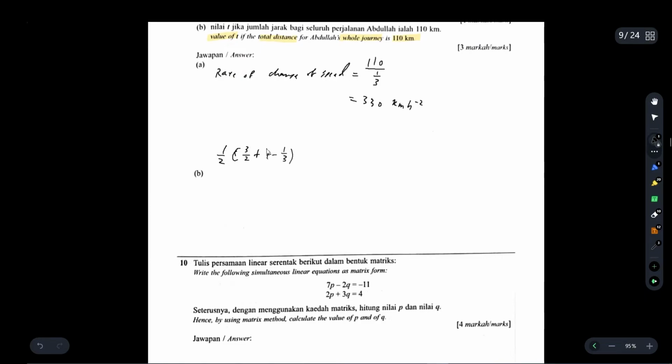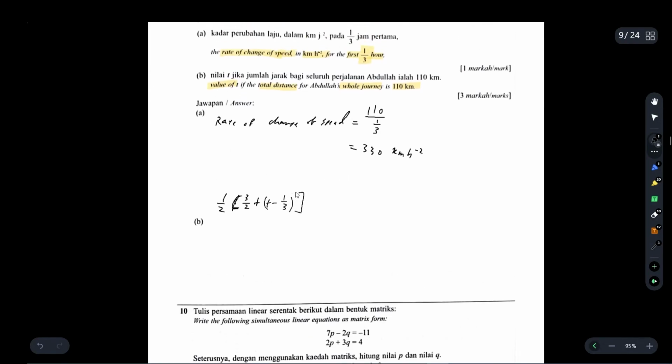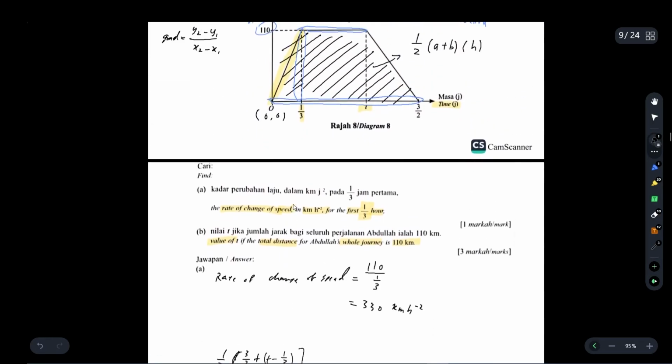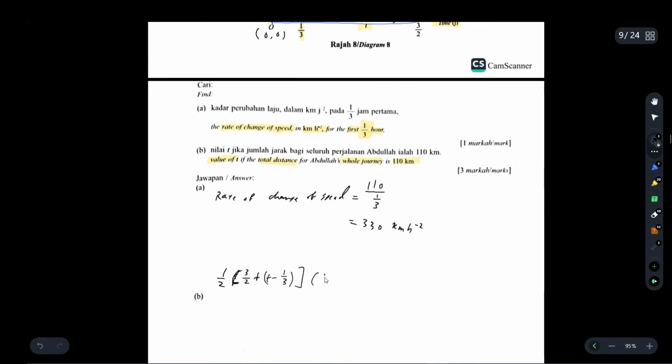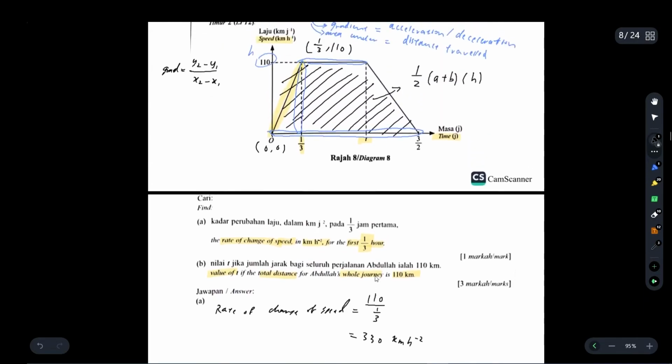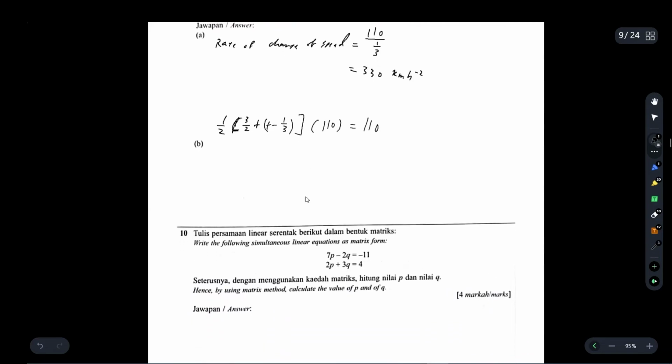Close the bracket like that, because there's another bracket in here. And then times the height, which is 110. And the distance traveled is also 110. What a coincidence. Okay, let's continue.